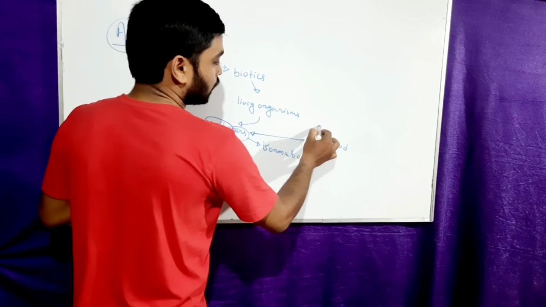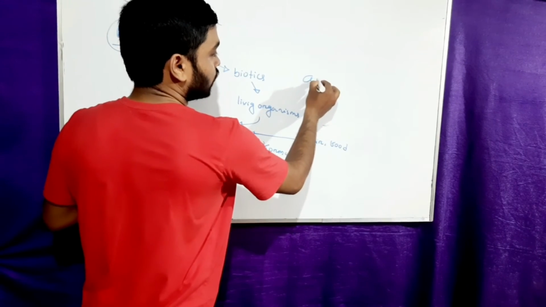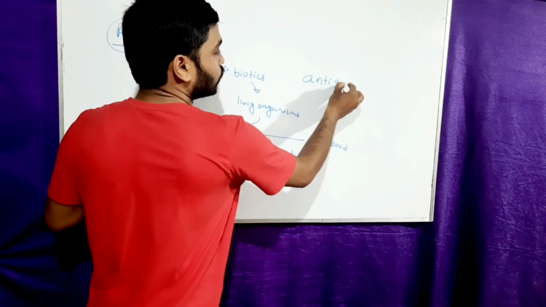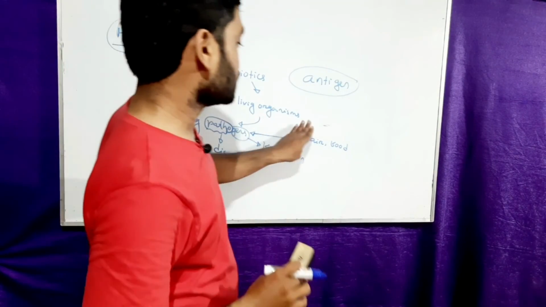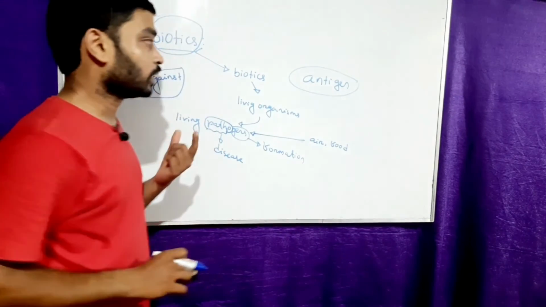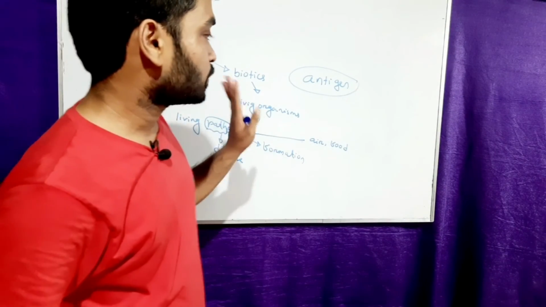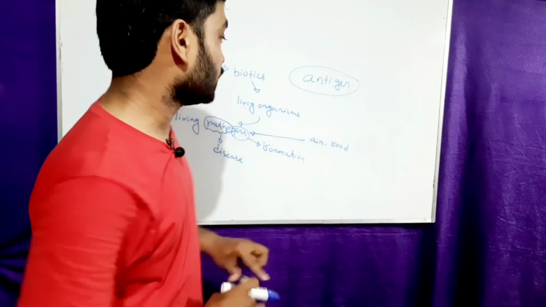But what we take from the outer environment into the body is called an antigen. That means in the inhalation process, we take in respiratory gases, here expressed as air, and air can be an antigen.